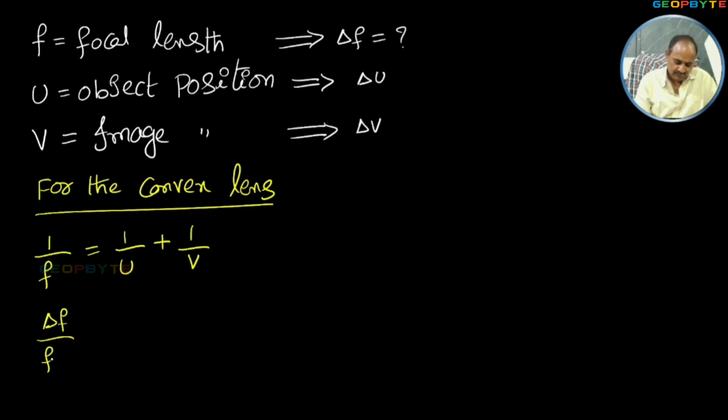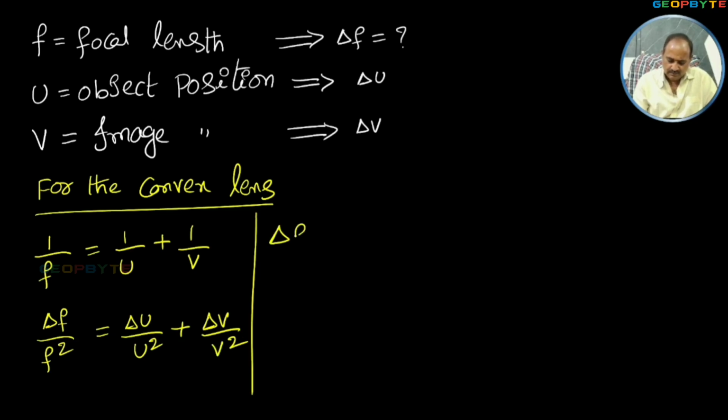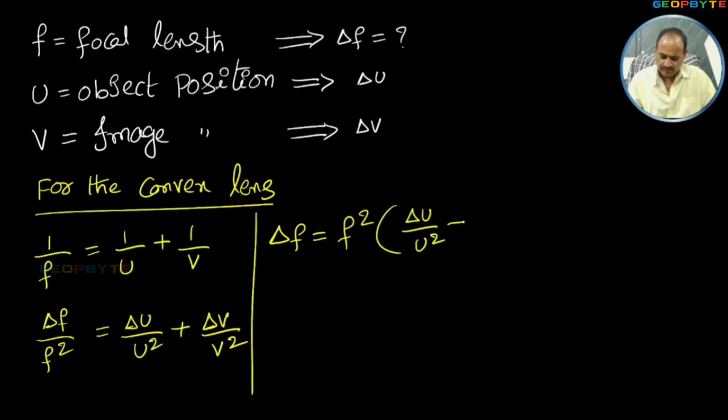Delta f by f square is equal to delta u by u square plus delta v by v square. From this, delta f, that is the least count of the focal length, equal to f square into delta u by u square plus delta v by v square.